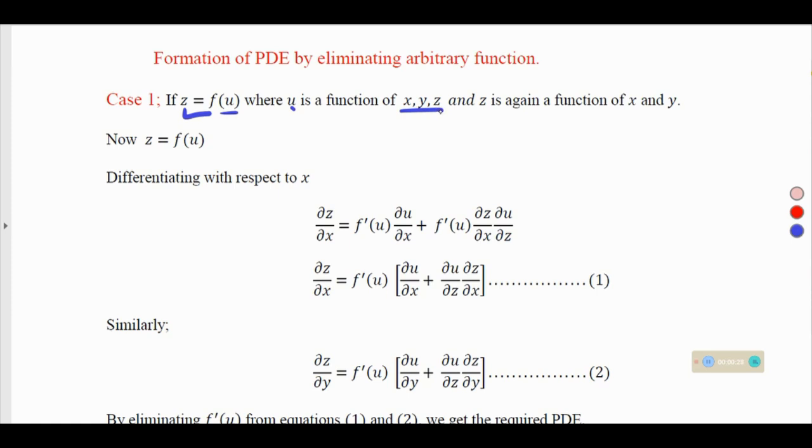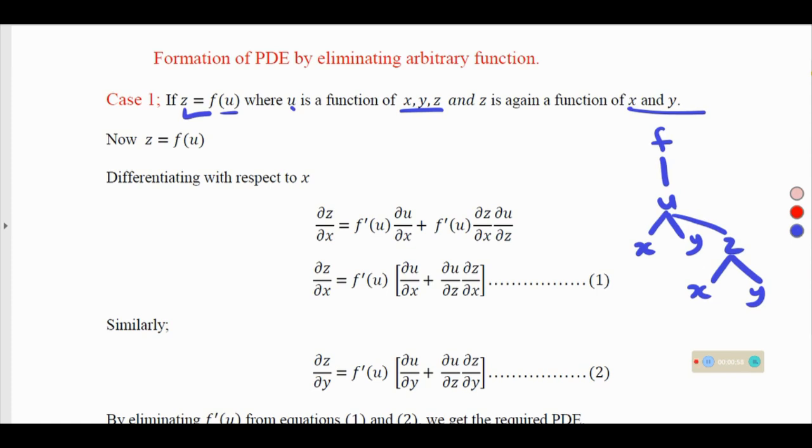So f is a function in terms of u, but this u is also a function in terms of x, y, and z. And again, this z is a function of x and y. So that is the first case that we shall be looking at.